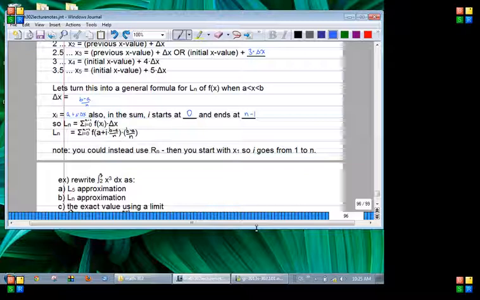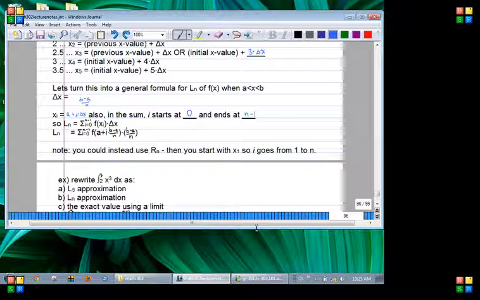Okay. So how would we do this? Once again, we need to figure out what's delta x? What's our a? Et cetera. So in this situation, in part A, what is delta x going to be? 3 minus 2 over 5. So that's 1/5 or 0.2. Okay?